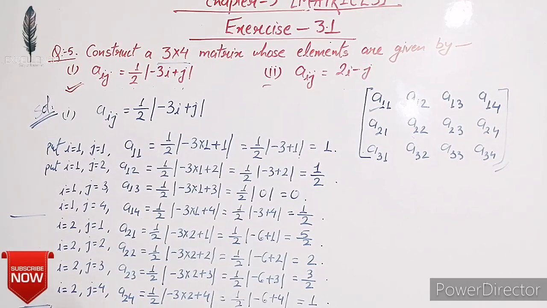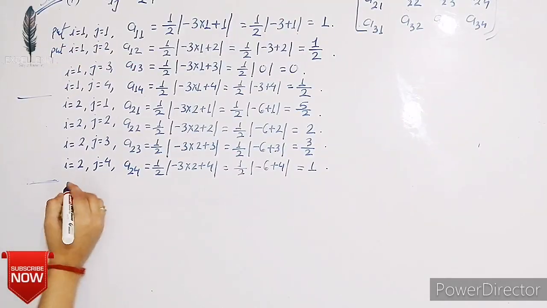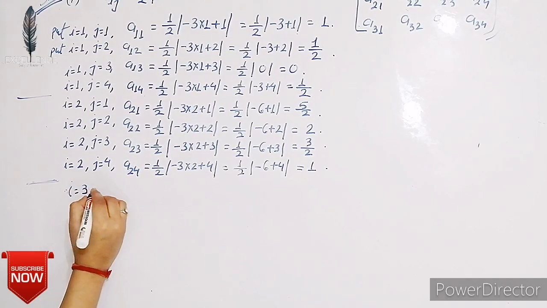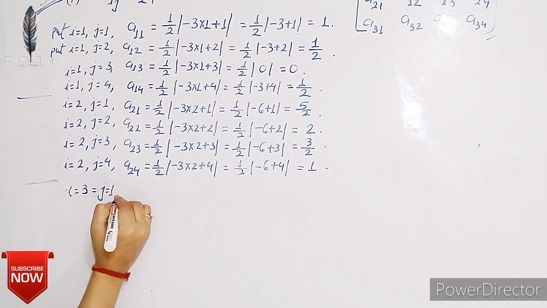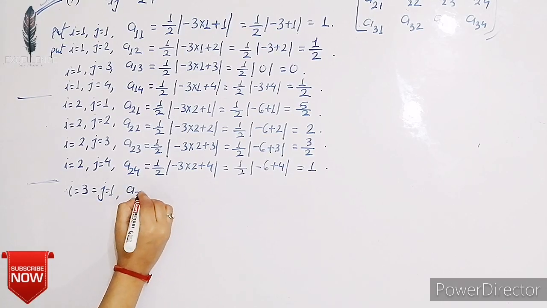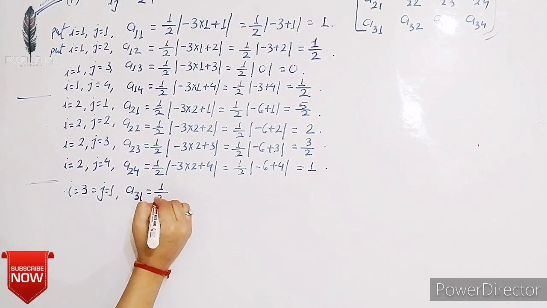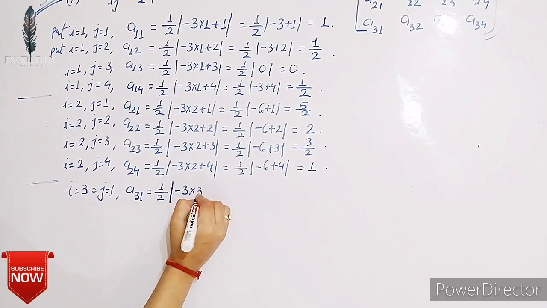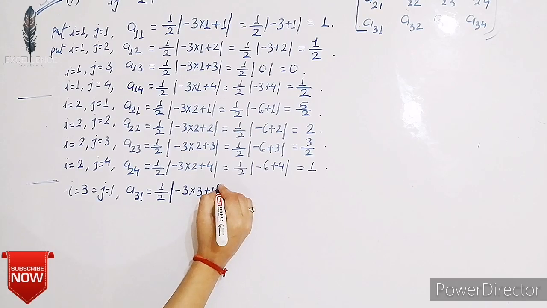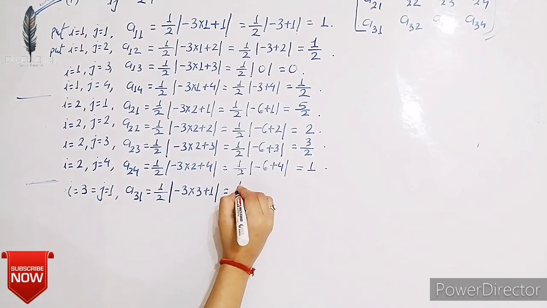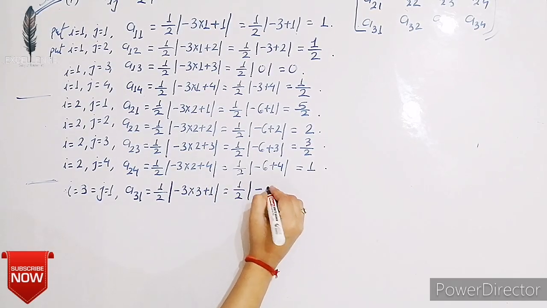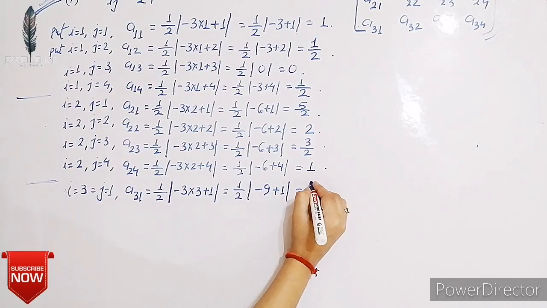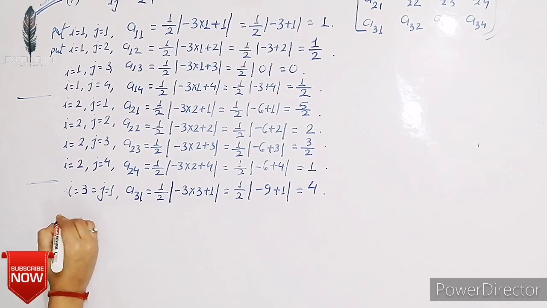Okay, second row is completed. For last row, that is third row, put i equals to 3 and j equals to 1, that is A31 is equals to 1 by 2 in mod minus 3 into 3 plus 1, that is equals to 1 upon 2 minus 9 plus 1 is equals to 8 by 2, that is equals to 4.